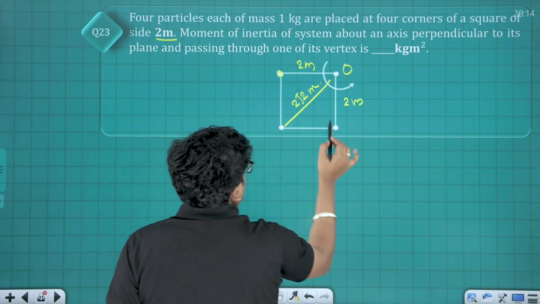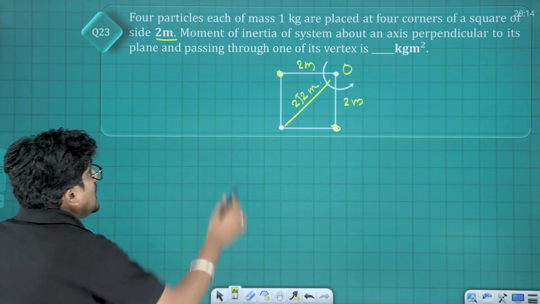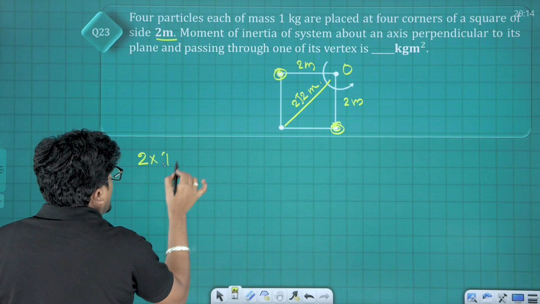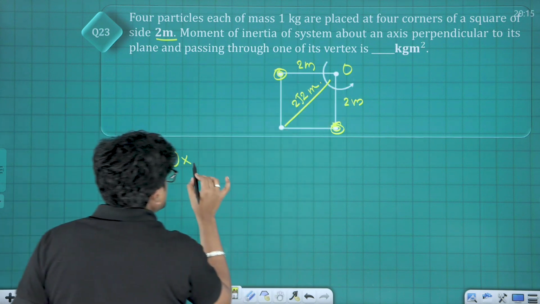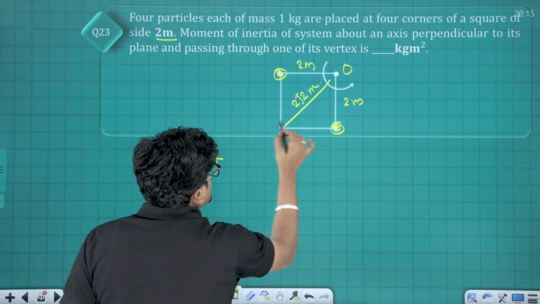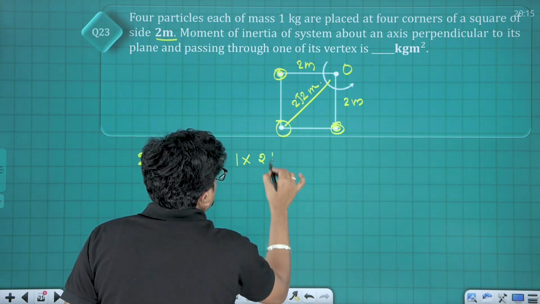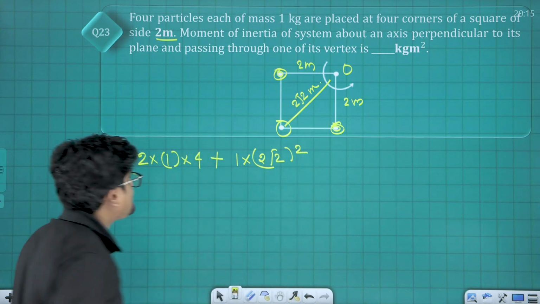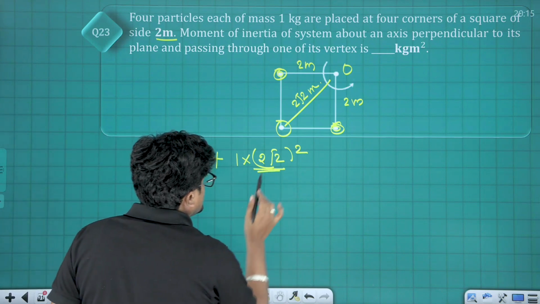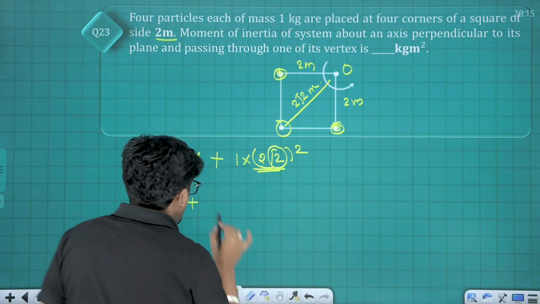So the moment of inertia of these two masses, the mass is going to be 1 kg each. So the moment of inertia of these two masses is going to be 2 into mass 1 into the distance of separation 2, square of that is going to be 4, plus the moment of inertia of this, again mass is 1 and the distance of separation is 2 root 2, all squared. Here 4 2s are 8, plus here the square of this is going to be 2 and the square of this is going to be 4. 4 2s are 8.